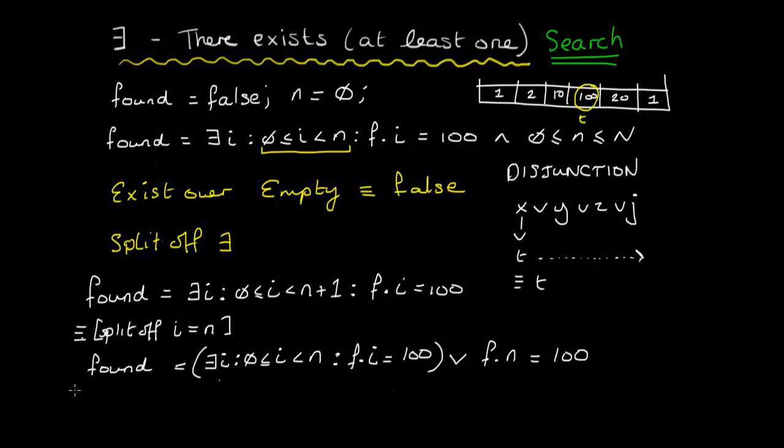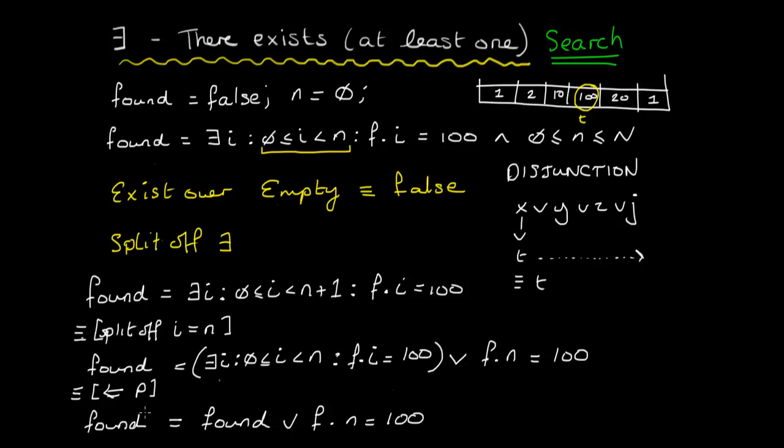And of course, it follows from our invariant that that is the same as saying found is equal to found or f.n equal to 100. And again, that gives us a nice Boolean expression. That's the solution to the loop body. It's just a single Boolean expression in the loop body.